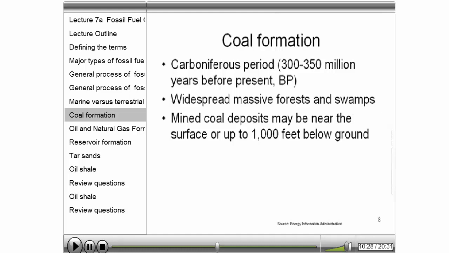The material that was deposited ended up in the modern era as being near the surface with subsequent burial and then erosion, wearing down surfaces in mountains and keeping it at or near the surface. And at the current time, mining at depth for underground mining can extend to almost 1,000 feet below ground surface for profitable coal seams.